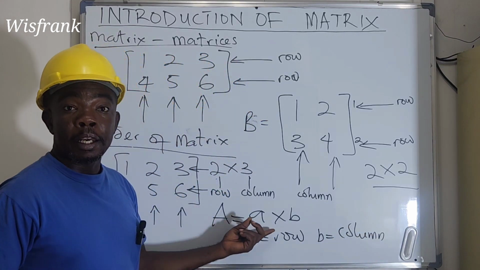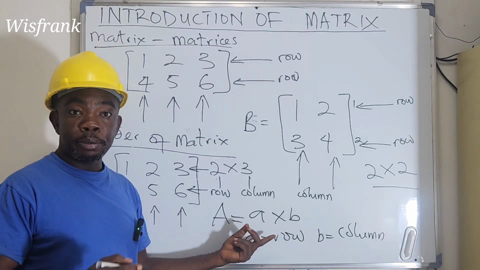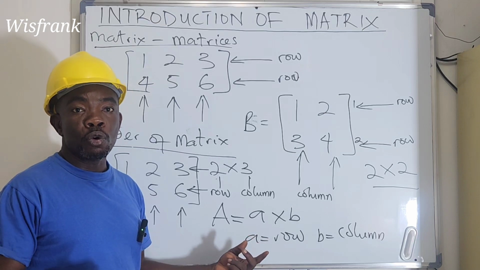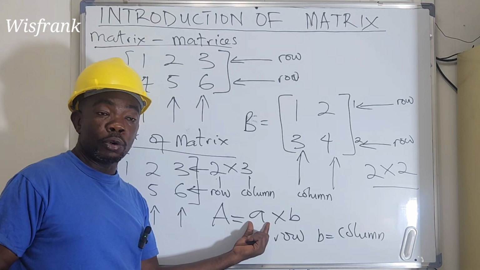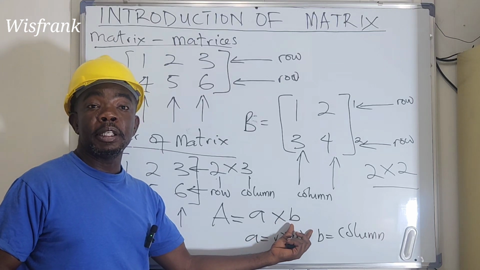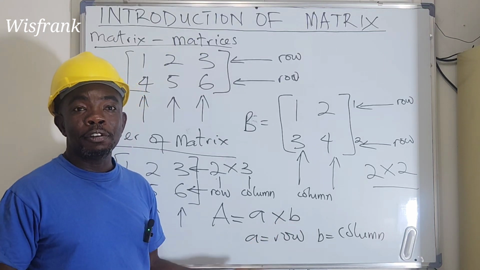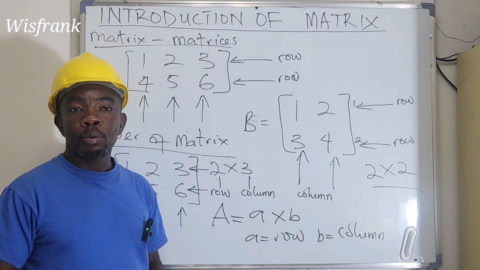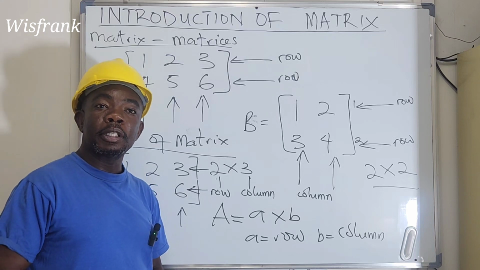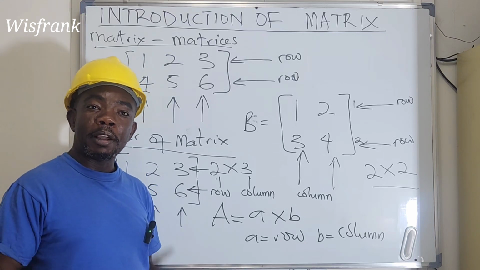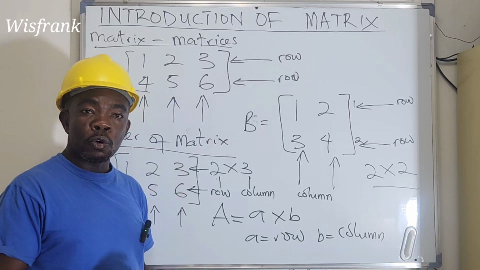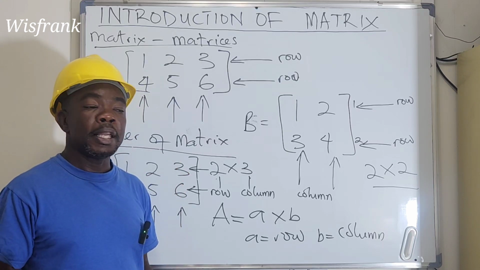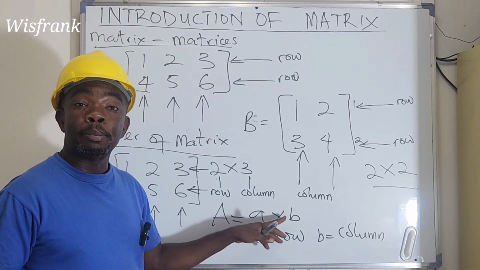This is the formation of a matrix, the arrangement of elements in rows and columns. The first number represents the row and the second number represents the column. So we have a 2 by 3 matrix, 2 by 2 matrix, 3 by 3 matrix, 2 by 4 matrix, 3 by 4 matrix.